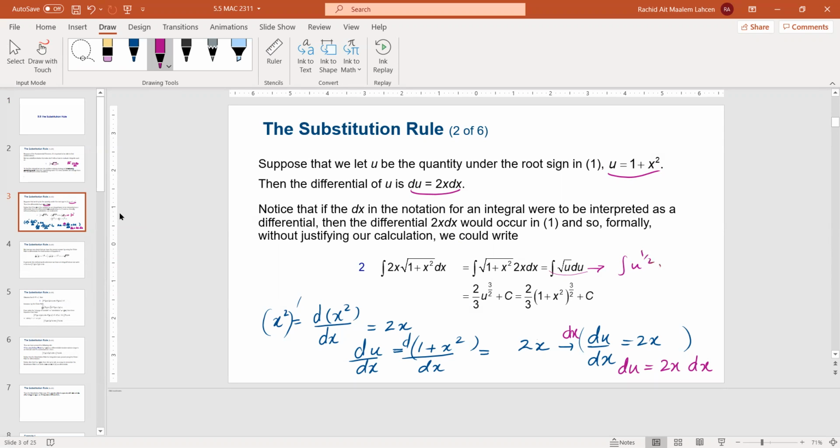Because this is u to the 1/2, and we can add 1 and divide by that number, which is 3/2, and that's going to give us, by reciprocal, 2/3 u to the 3/2 plus c. But remember that the integral started with 1 plus x squared, and once you use this kind of u substitution, you need to bring it back to the x format.